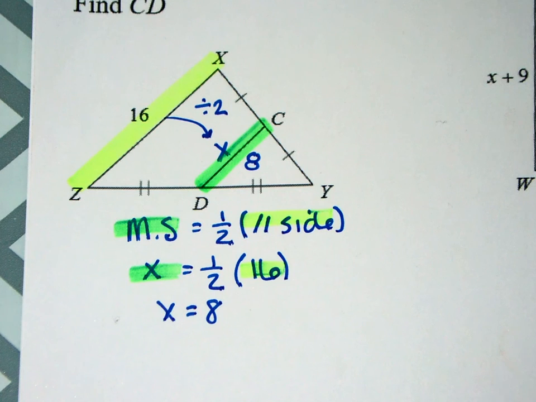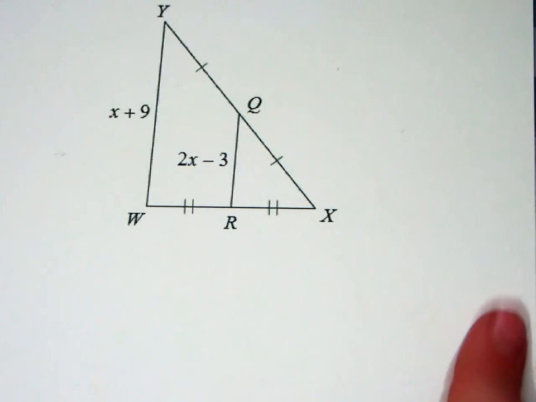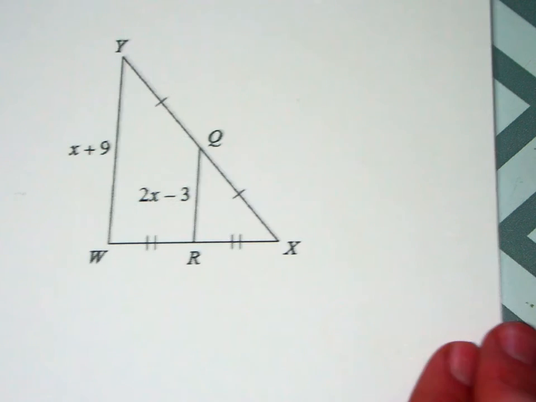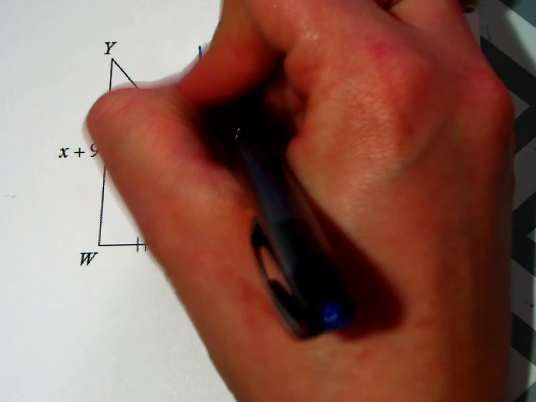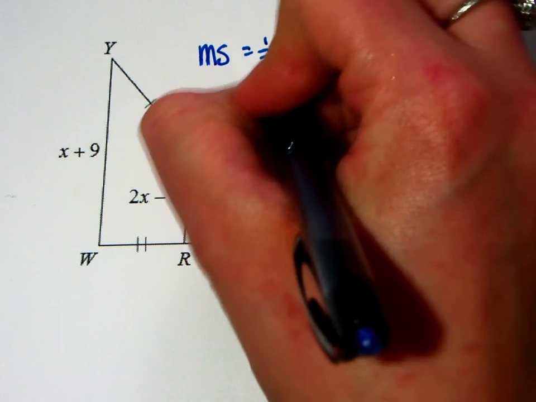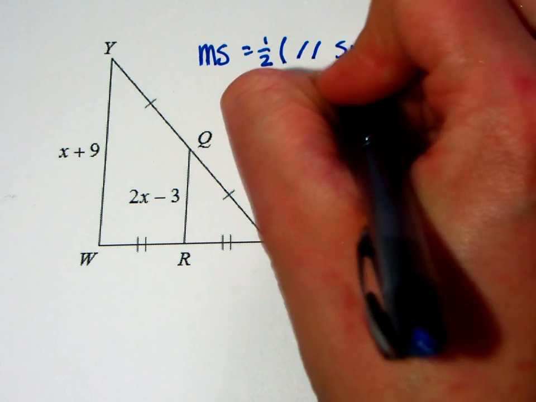Now, on a problem like this next one, I have to use my formula because I can't just divide my 2x minus 3 or my x plus 9 in half. I'm going to get an answer that doesn't work out. So we want to actually use the formula on this problem. Mid-segment equals half of the parallel side.